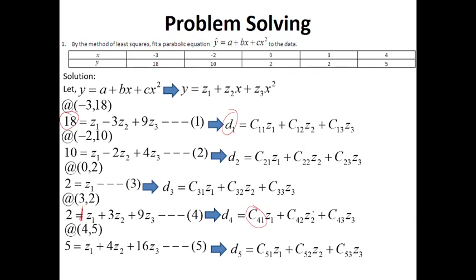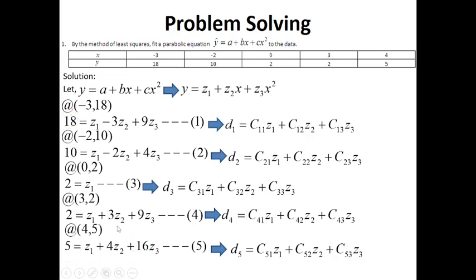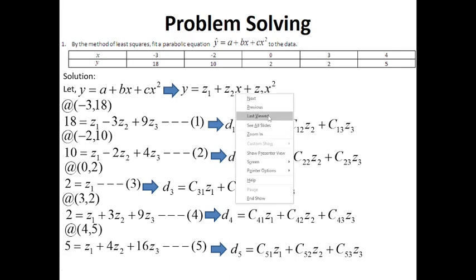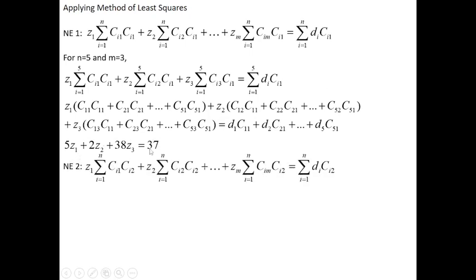Di ba? Tapos dito, C53 ko ay 16. So, yun ang guide natin. Okay? So, this will now be the first normal equation. And then this for the second normal equation.